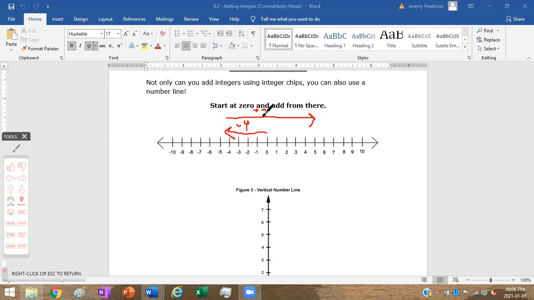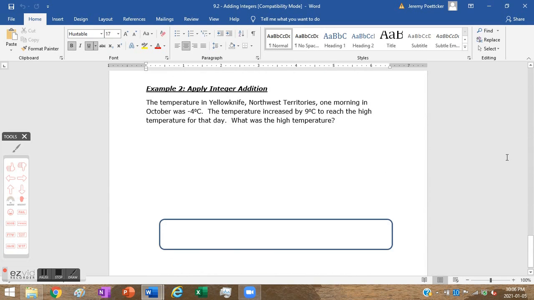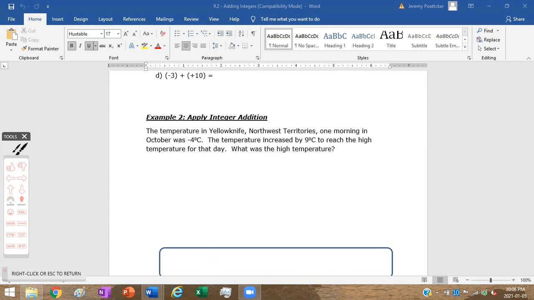And our final answer, we ended up here at +5. So our answer for this question is going to be +5 degrees Celsius.